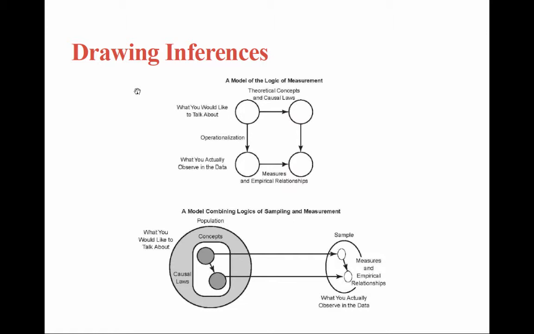When I'm combining the logics of sampling and measuring, I'm trying to identify a sample of the population where I can preserve a causal relationship that I believe exists in the population. And you see that conversion from the causal relationship existing here all the way to the right, where that same causal relationship exists here.